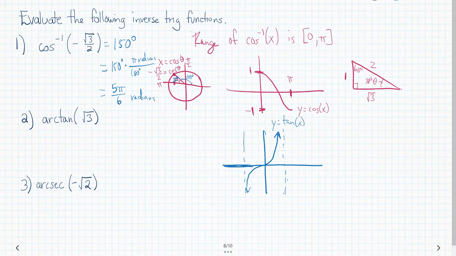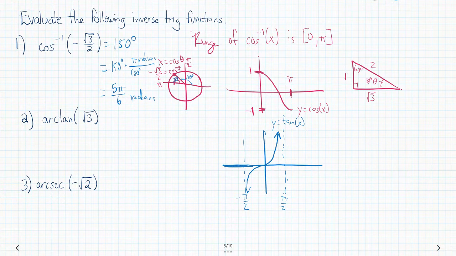It has a whole bunch of repeats and so on and so forth. So you have pi over 2 and negative pi over 2 being your values for the tangent. If you have questions on how to generate the graph, you're more than welcome to ask. I can show you how this is generated too. You basically go off the unit circle, same song and dance.